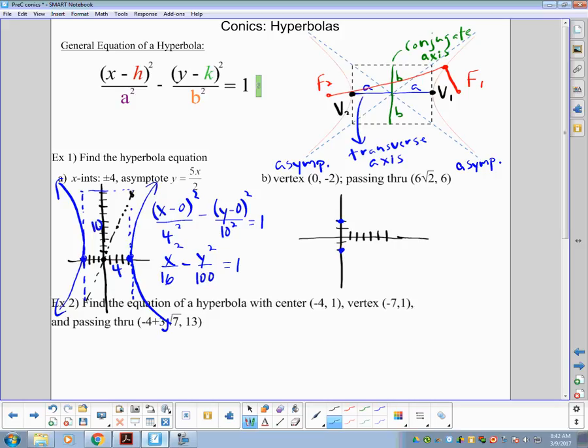So 2, 3, 4, 5, 6, 7, 8. And then up 1, 2, 3, 4, 5, and 6. So it goes through this point at 6 root 2 over and 6 up. So it's going like this.